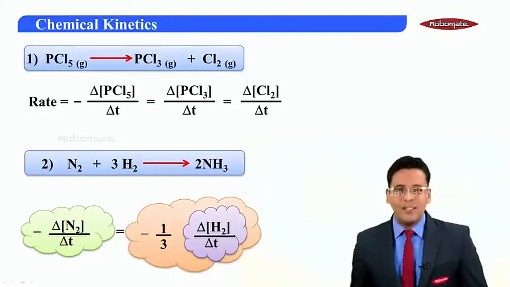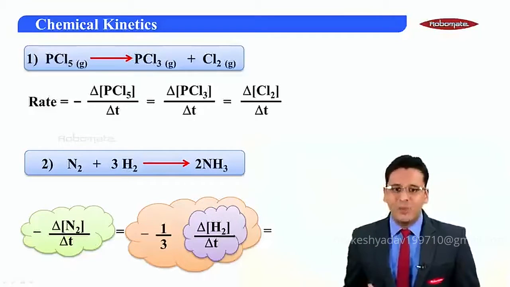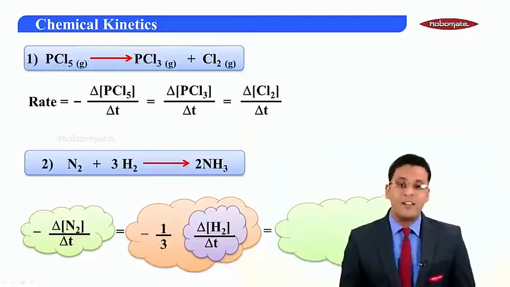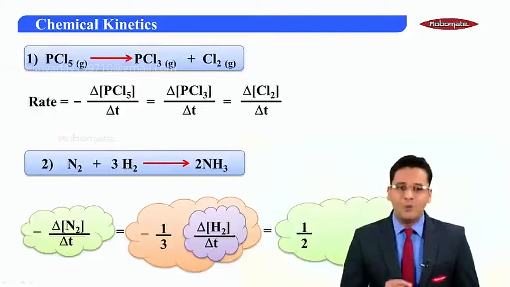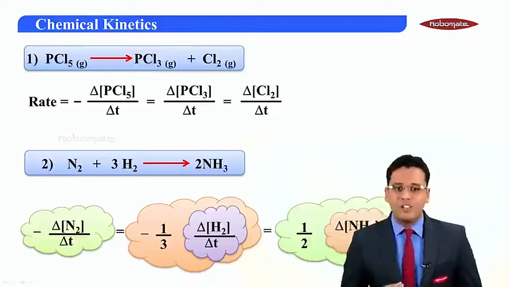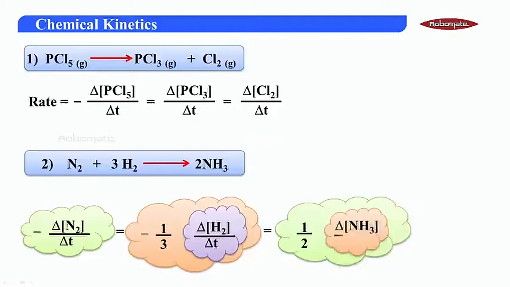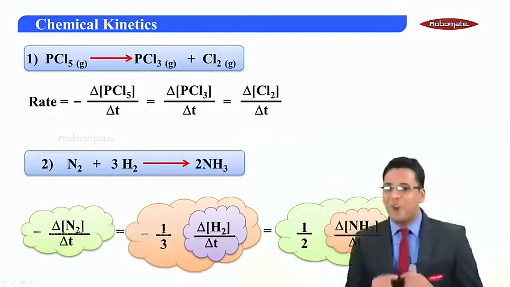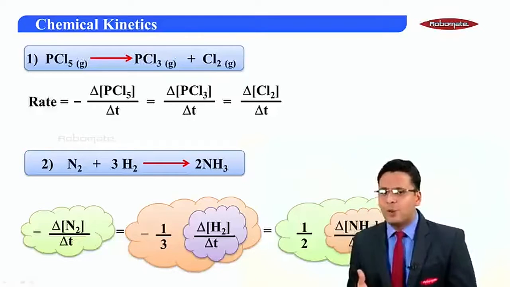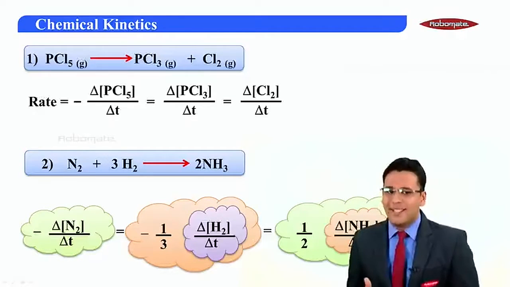Same goes for ammonia. Here the rate of reaction will be plus because ammonia is a product. So 1 by 2. Rest everything remains the same into delta concentration of NH3 upon delta T. So essentially what is happening here is I am comparing the rate of reaction of nitrogen with respect to hydrogen and ammonia.